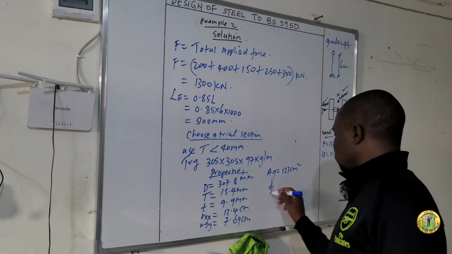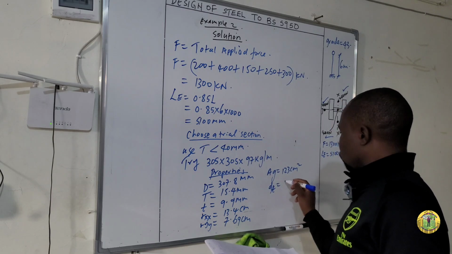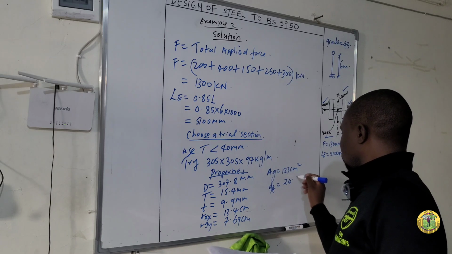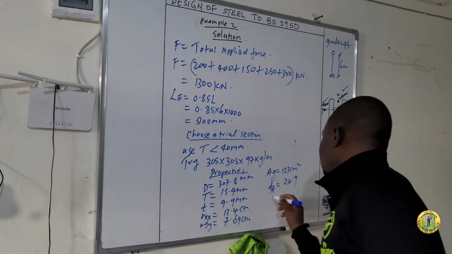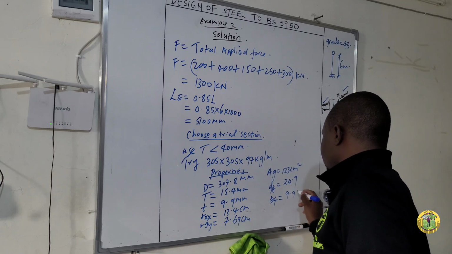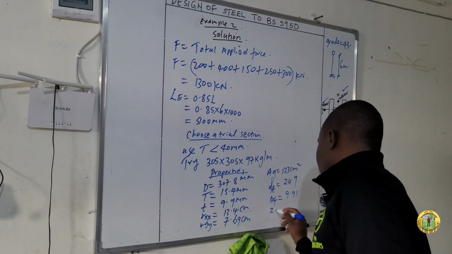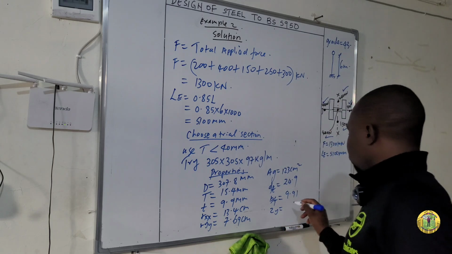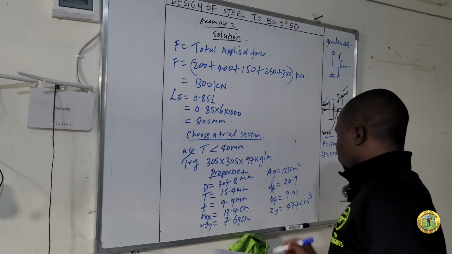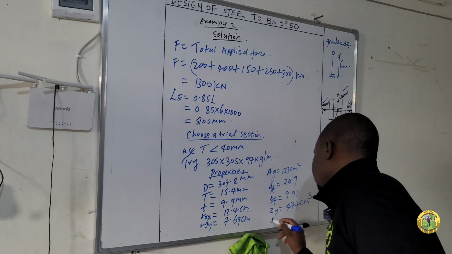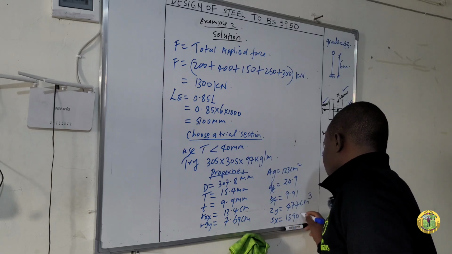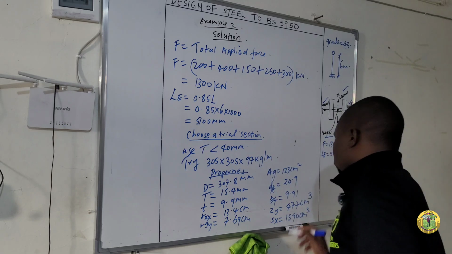We have D over t equal to 24.9, B over capital T equal to 9.91, Zy equal to 477 centimeter cubed, and the plastic modulus is equal to 1590 centimeter cubed.